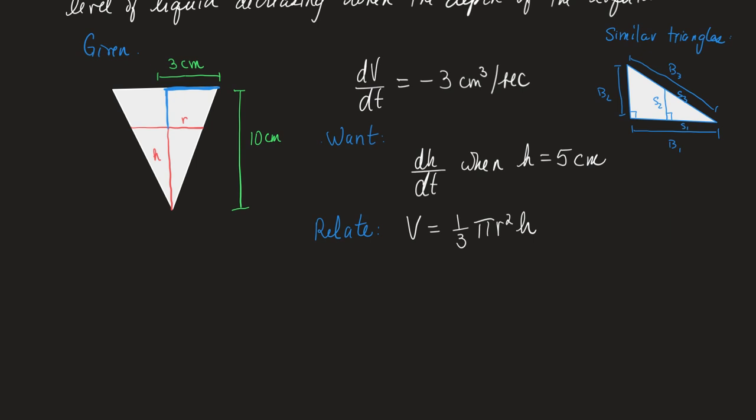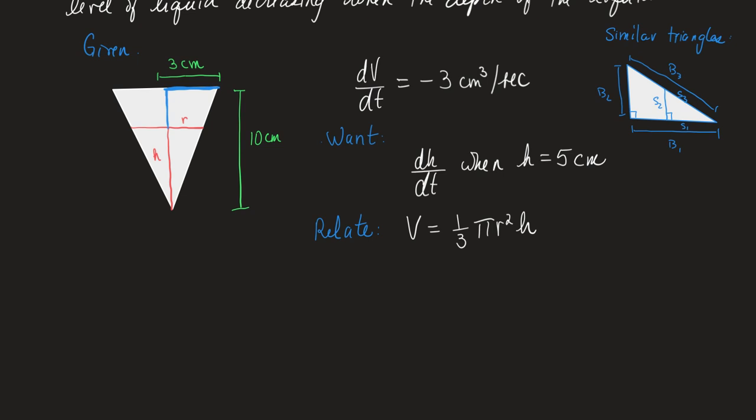So up in the corner here, I drew a picture of the type of situation we have, which is common in related rates problems. You have similar right-angled triangles, where one triangle is sitting inside the other. They're similar because corresponding angles are equal. They each have a 90-degree angle, they share this angle, and then of course the third one would have to be equal.